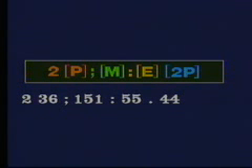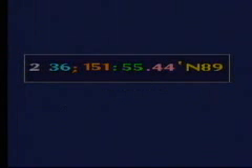And finally, put an inverted comma and then the notation for the time isolate, that is N89. Therefore, the complete class number would be 236;151:55.44'N89.